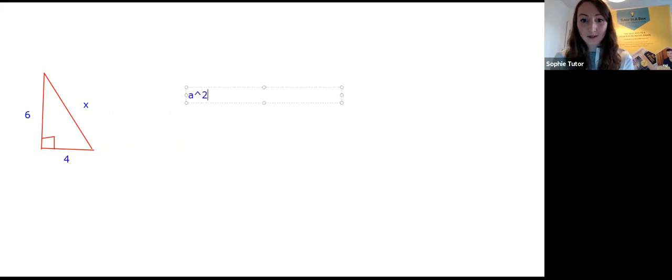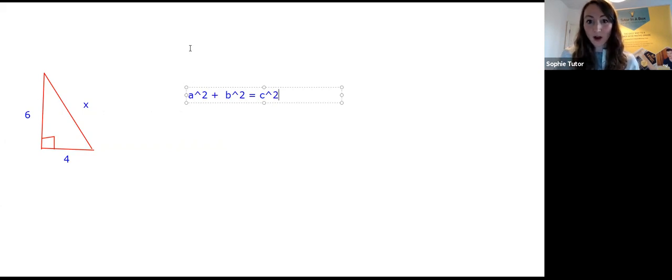Pythagoras' theorem says that a squared plus b squared equals c squared. Now you'll notice on the whiteboard, I've put a -2, and that's just because we can't get the square sign up.